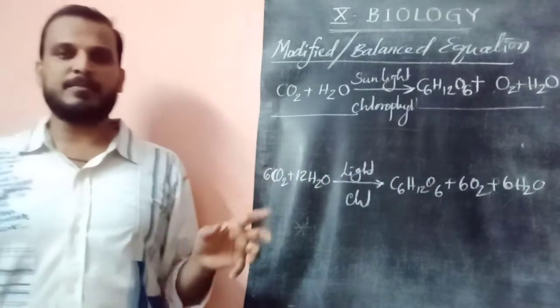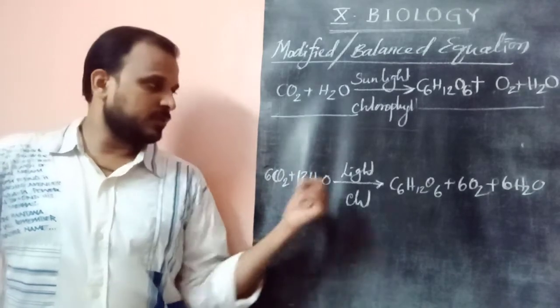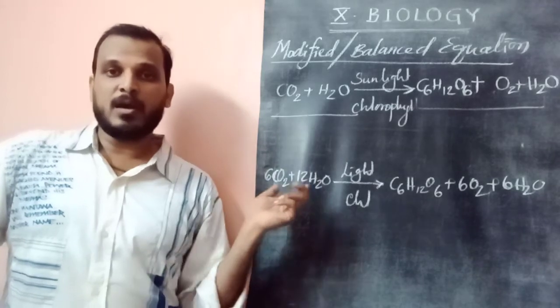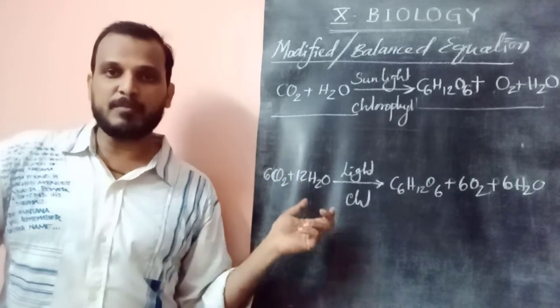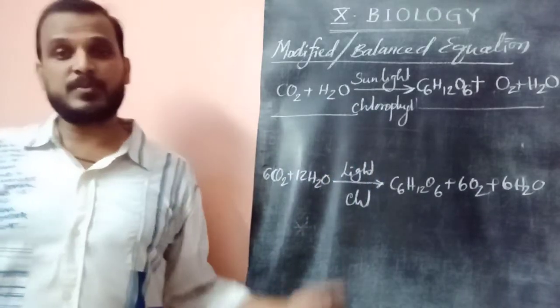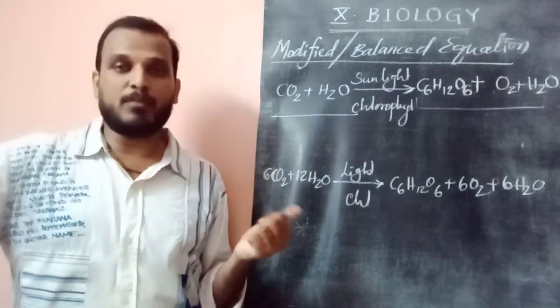Every material is the same, but I am balancing with a change in numbers. So this is called balanced. If you check the amounts of carbon, hydrogen and oxygen, they will be balanced in both the reactants and the products. That's why this is called a balanced equation or modified equation.